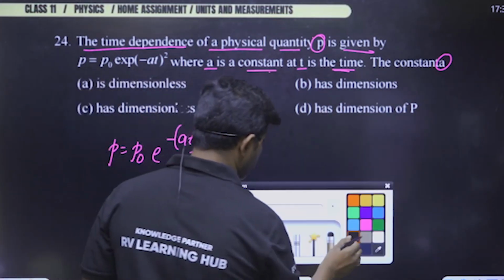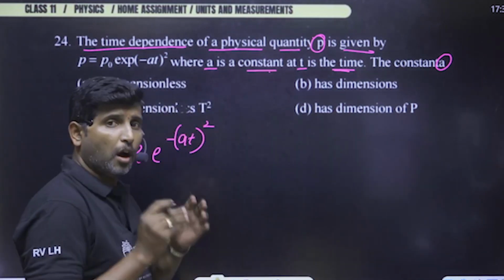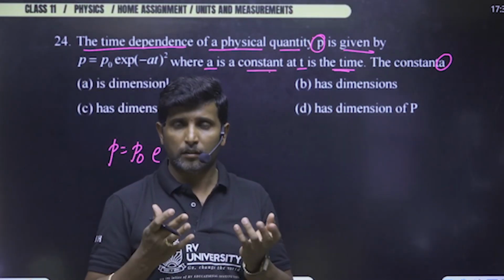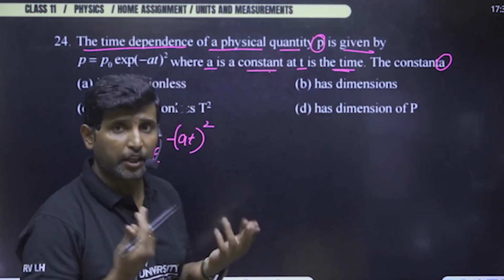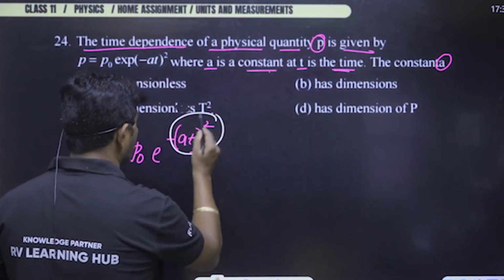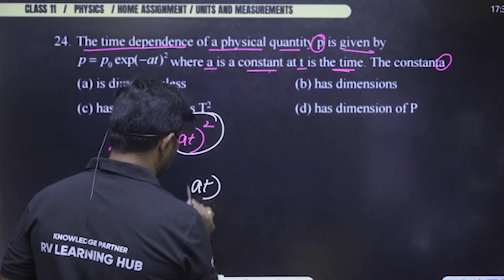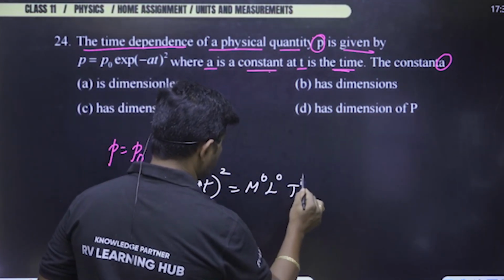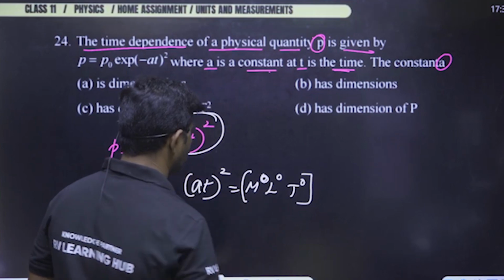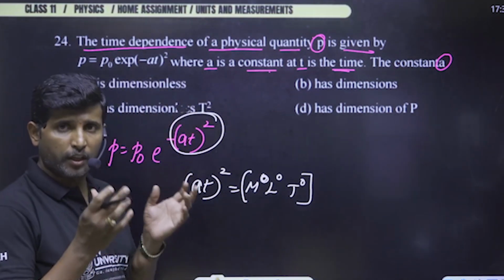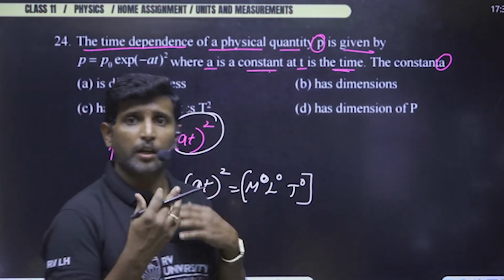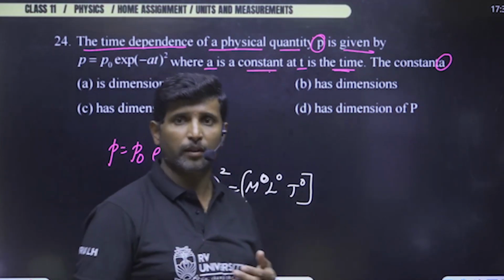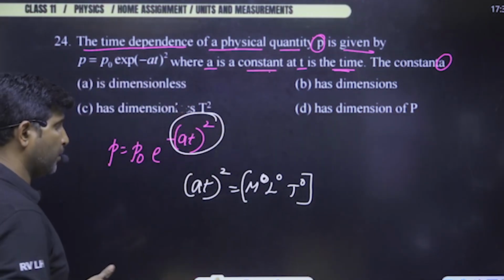So we have studied that the argument of log or trigonometric functions or exponential terms must be dimensionless. You have to make sure about this point here. Whatever the argument is in the log or trigonometric function or exponential function, those are all dimensionless quantities.